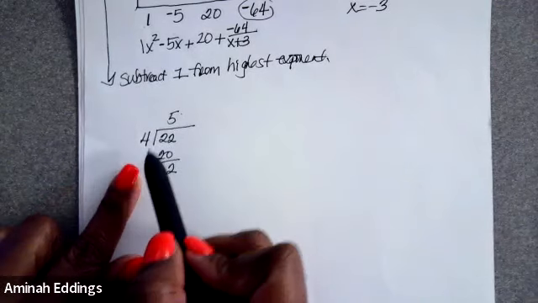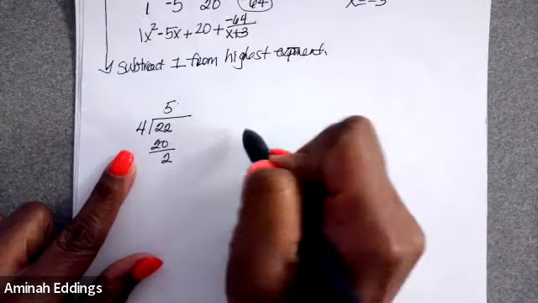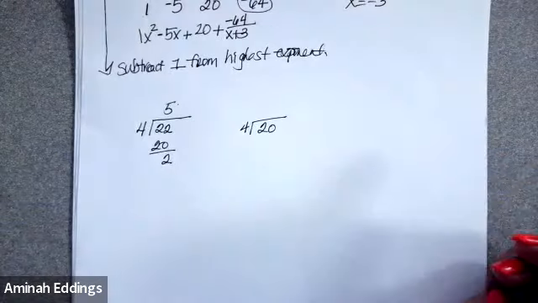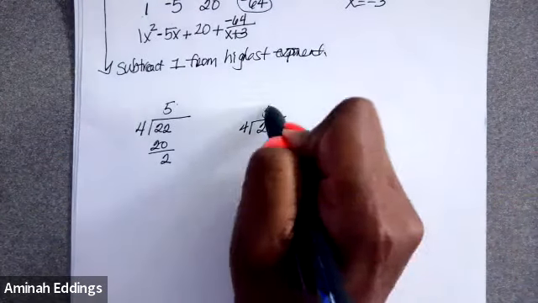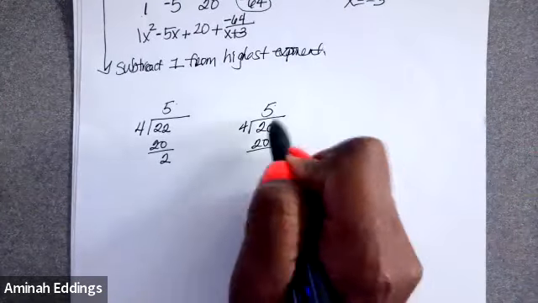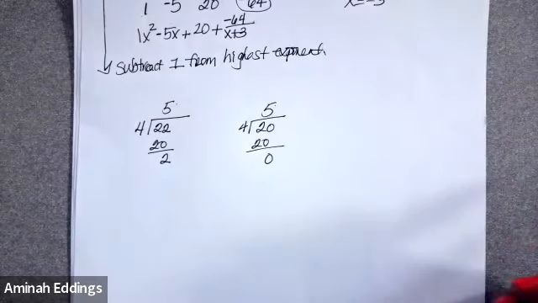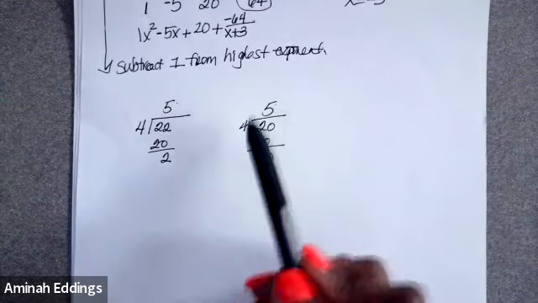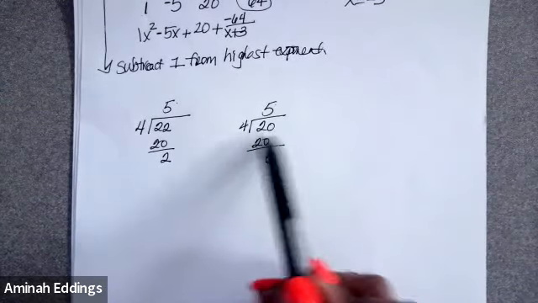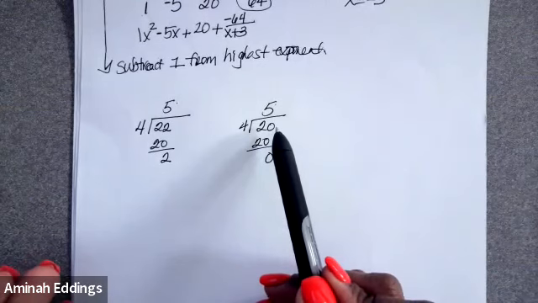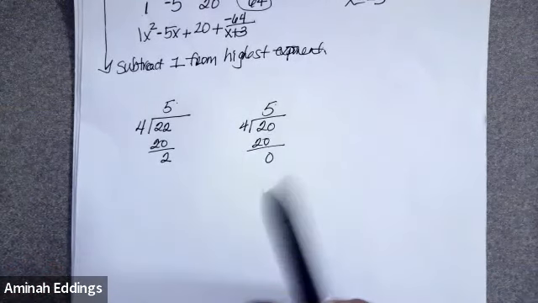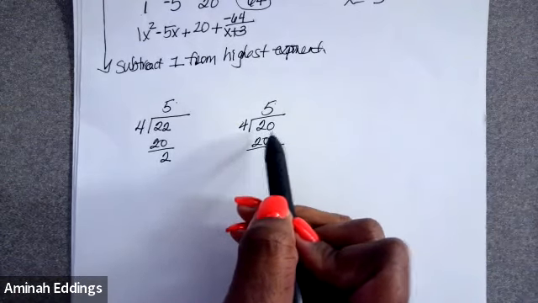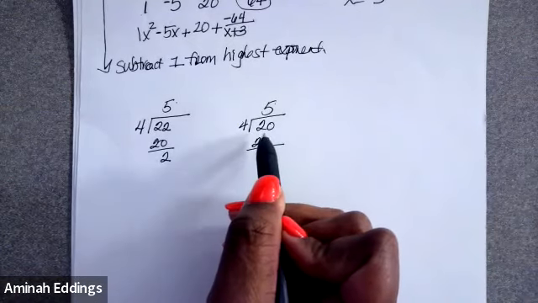So let's look at it with another one. So 4 goes into 20. How many times? 5. 5 times 4 is 20, so our remainder is 0, okay? Because our remainder is 0, that means 4 can evenly go into 20, right? It also means that 4 is a factor of 20, because 4 times 5 is 20.